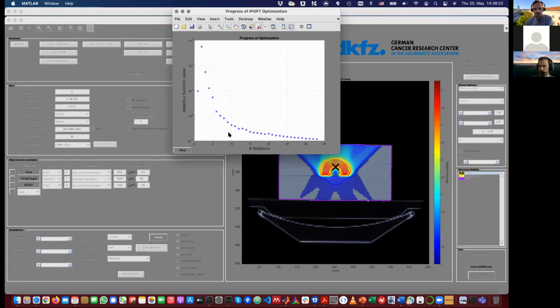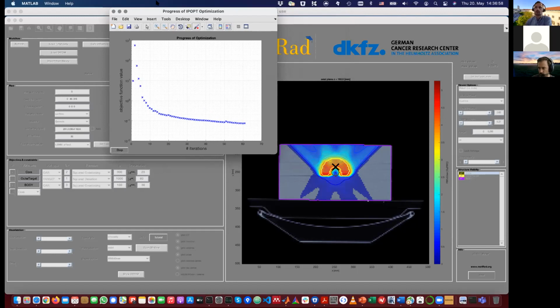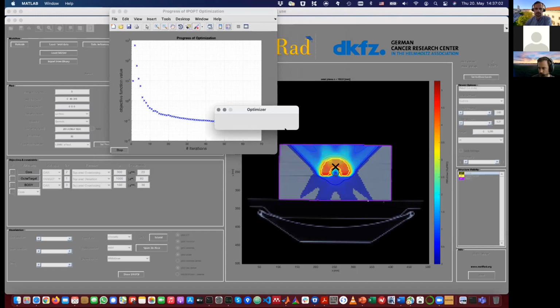And you also see that now the optimization is slower, because not only do we have more voxels to consider because of the dose tail in carbon ions, we have basically now two more matrices that we have to process during each step in the optimization. And this is why it takes longer. So therefore, yeah, carbon ion treatment planning is computationally more demanding than just a physical dose optimization.